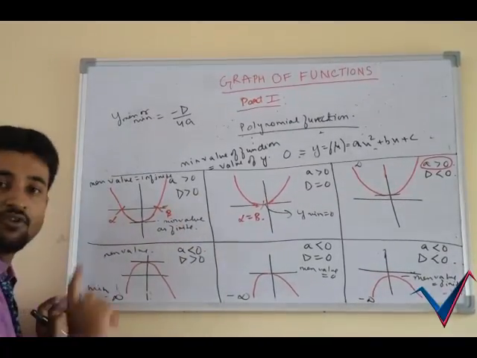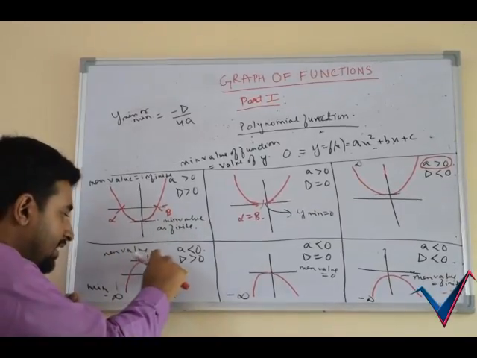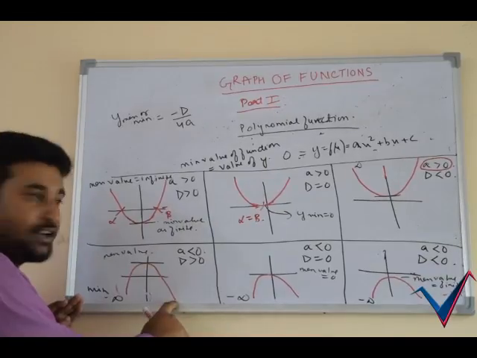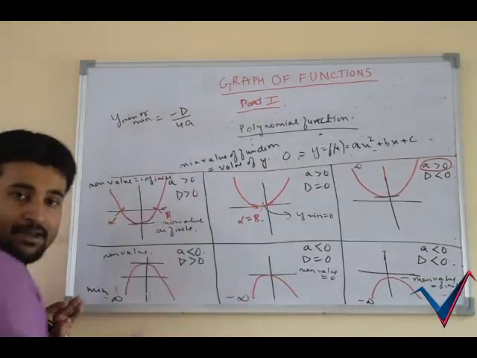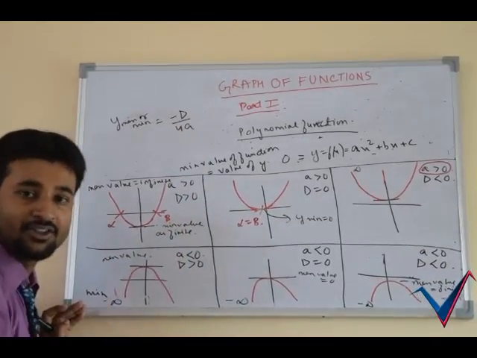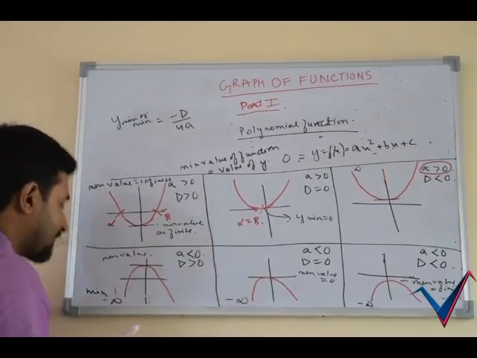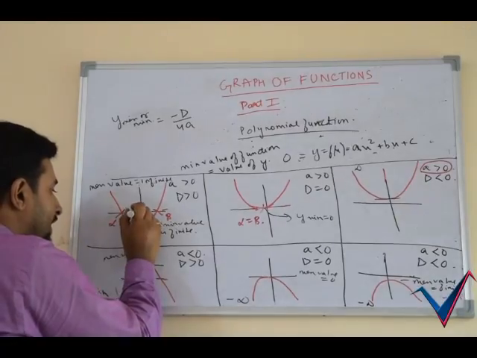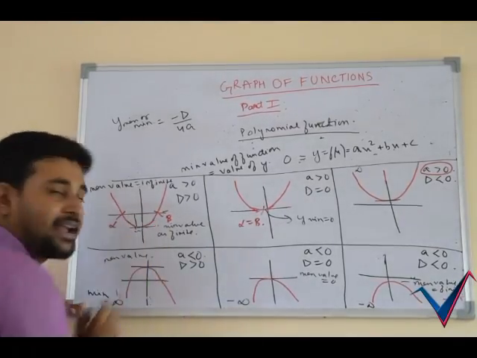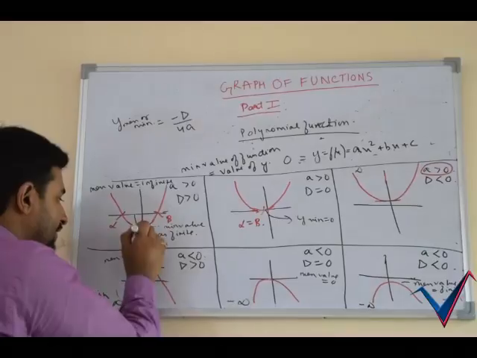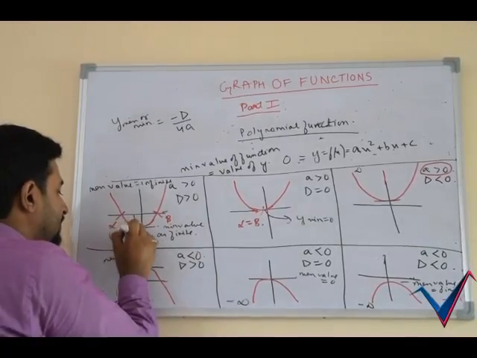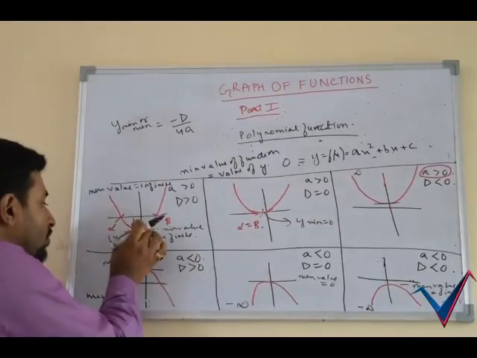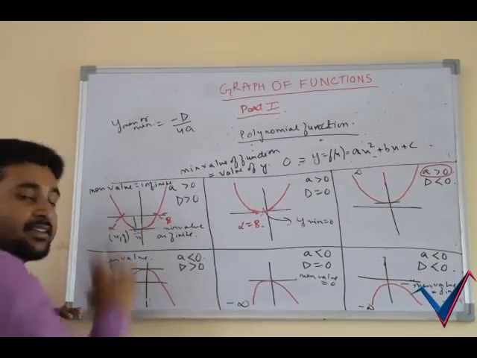For this case, what will happen? Here the maximum value is finite and the minimum value is minus infinity. So here the maximum value will be minus D by 4a actually. Now suppose here we get the minimum value, and it is having some x coordinate also. So it is having some x coordinate and some y coordinate.